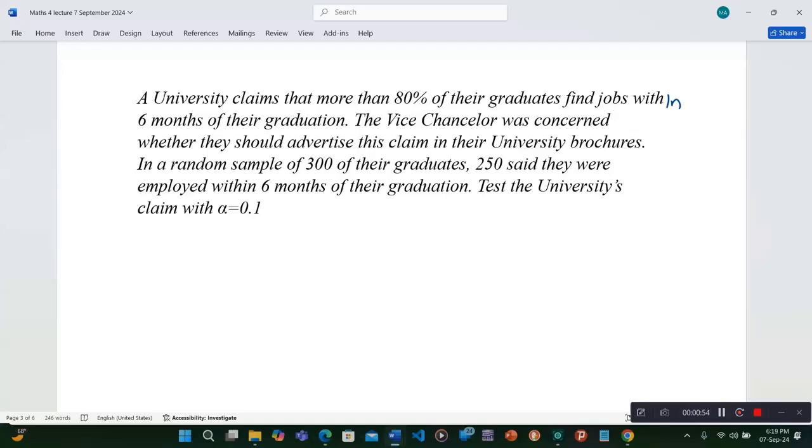That means the level of significance is about 10%. So alpha is equal to 0.1, and that is the probability that is giving us the level of significance on which we shall base our test. So this is coming from an area called proportions.